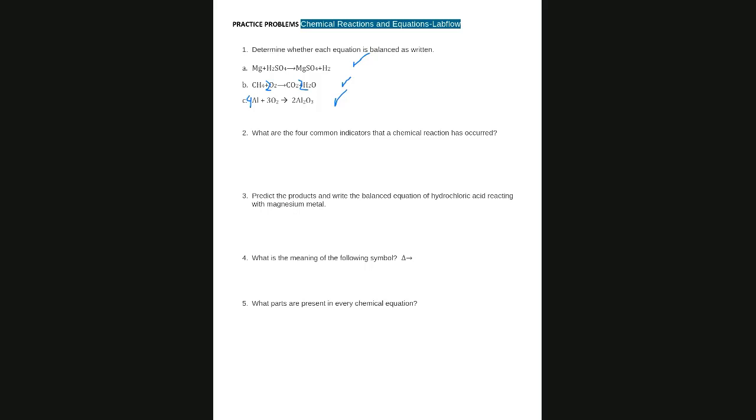We observe a chemical reaction and we ask ourselves, is this a chemical reaction or not? So we pay attention to what indicators or what is the evidence that there is a chemical reaction. Let's see what you remember. It says 4.